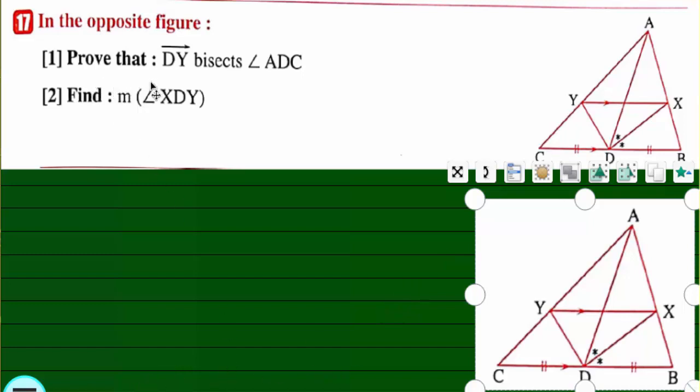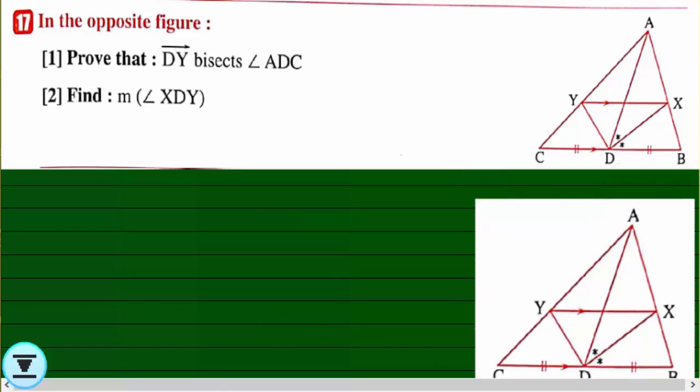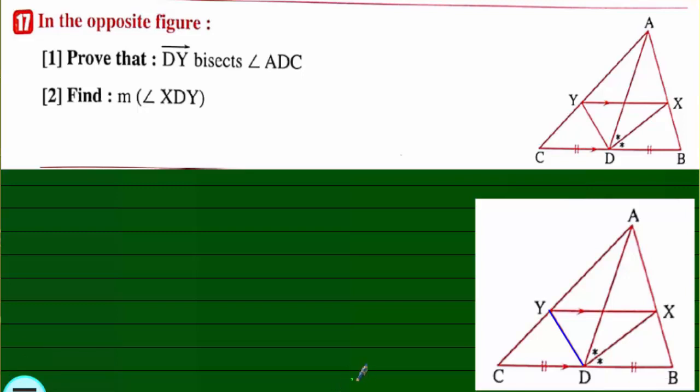So prove that DY, where is DY? Here, DY. I'll draw it in a different color. Here, DY bisects angle ADC, this angle.